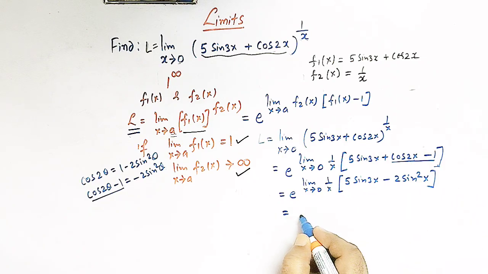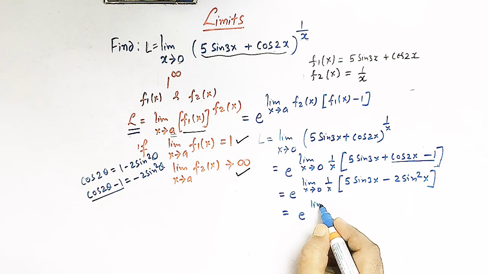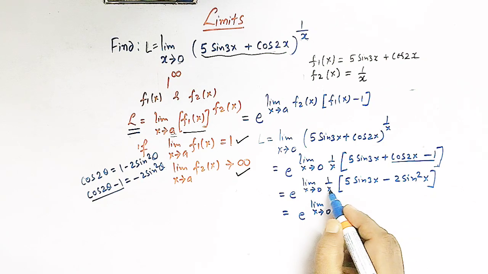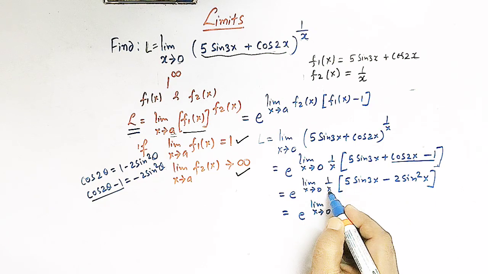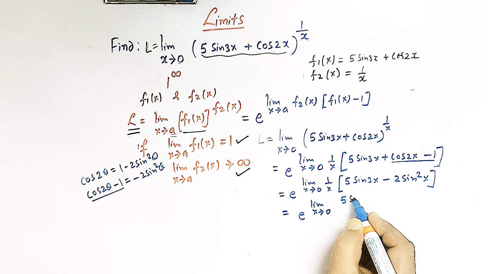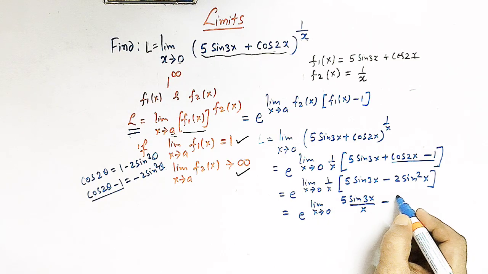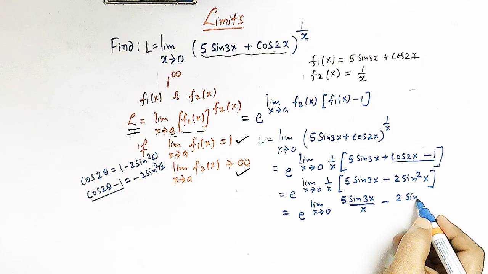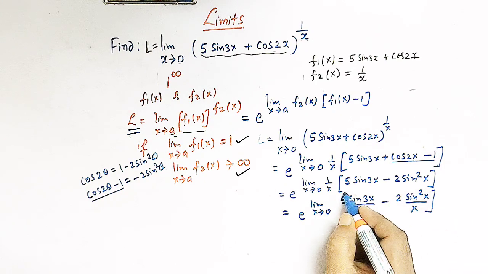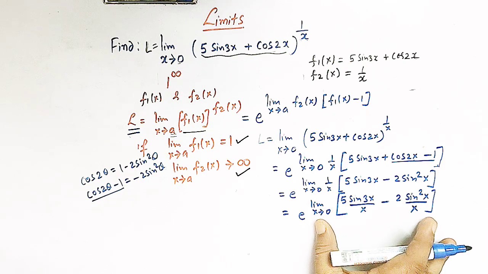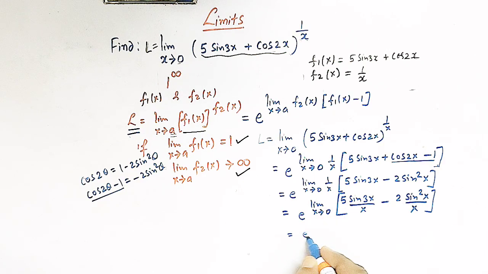So now we can write e raised to the limit as x tends to 0, and multiplying these two terms with 1 over x, we have 5 sin 3x over x, and minus 2 sin square x over x. So let us simplify it.